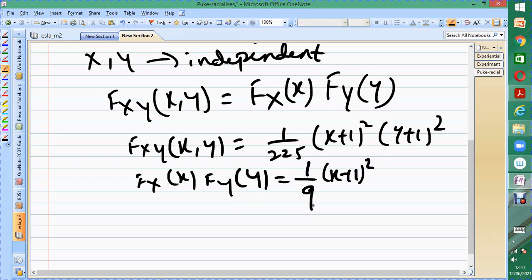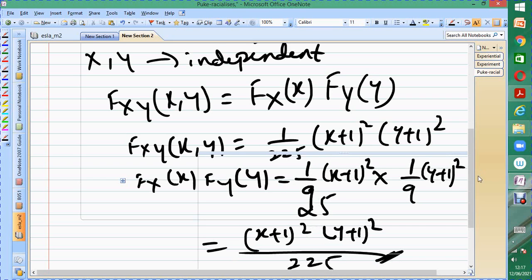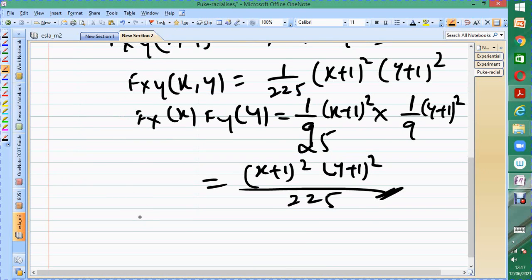Multiplying this we get (x+1) whole square into (y+1) whole square, whole divided by 225. Since F_X(x) into F_Y(y) is the same as F(x,y), we can say that both are independent variables.